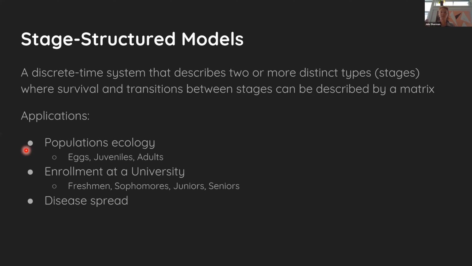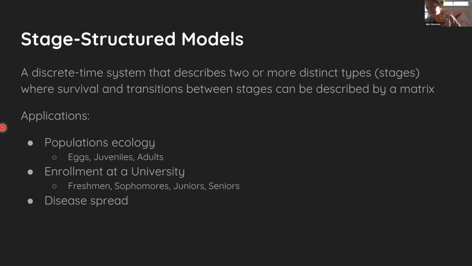So we can see why this is really useful because we have these different stages. For instance, lots of animals have eggs, juveniles, adults, and they all grow and develop according to totally different rules, right? You wouldn't say that the eggs, juveniles, adults all die at the same rate, for instance. It can be really different, especially for something like fish that have lots of eggs, but not all of them make it to adulthood. Similarly, the adults reproduce where the eggs and juveniles don't. So this is a huge application of stage structured models.